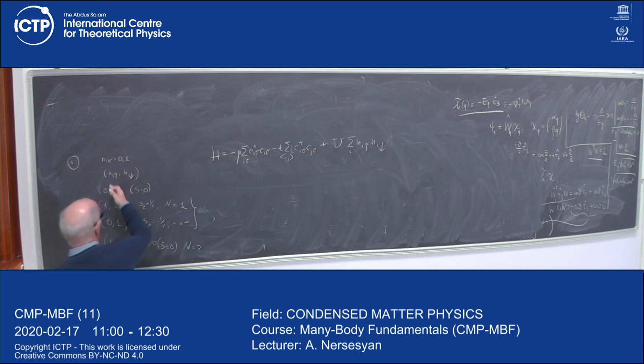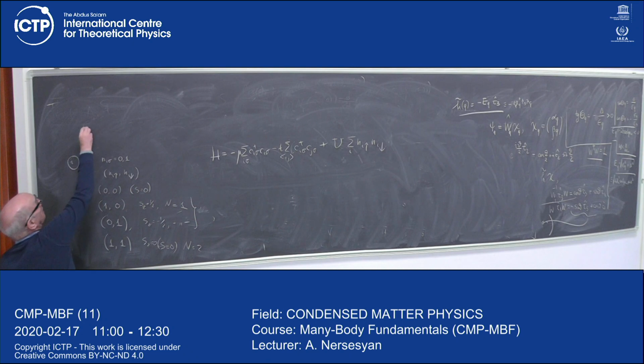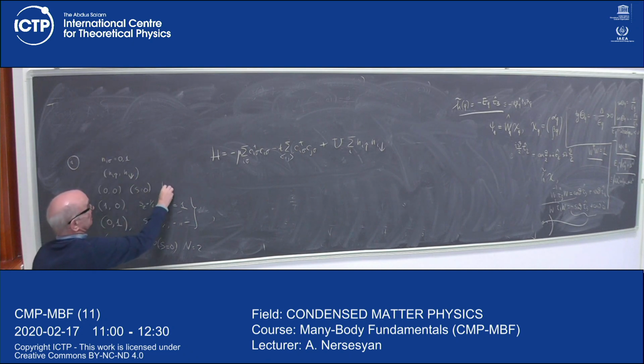And these are just 4 states which you can equally build, calling this state 0. Okay, let this be |0>. This is c_i up dagger |0>. This is c_i down dagger |0>.